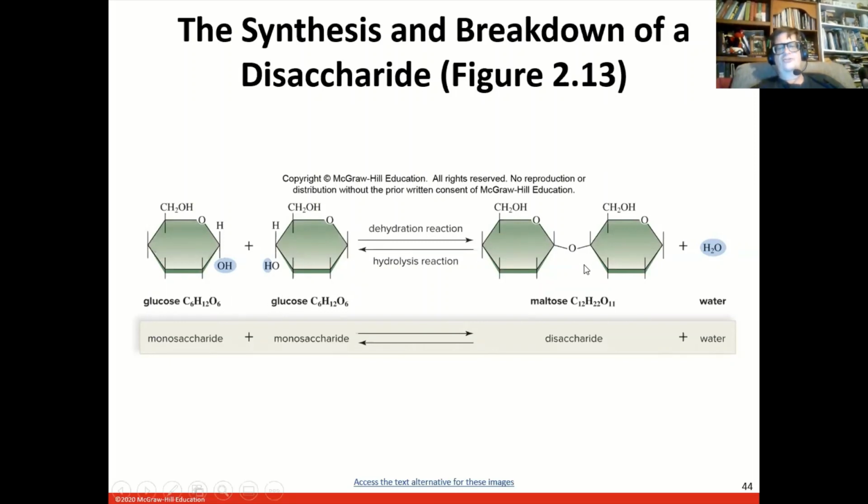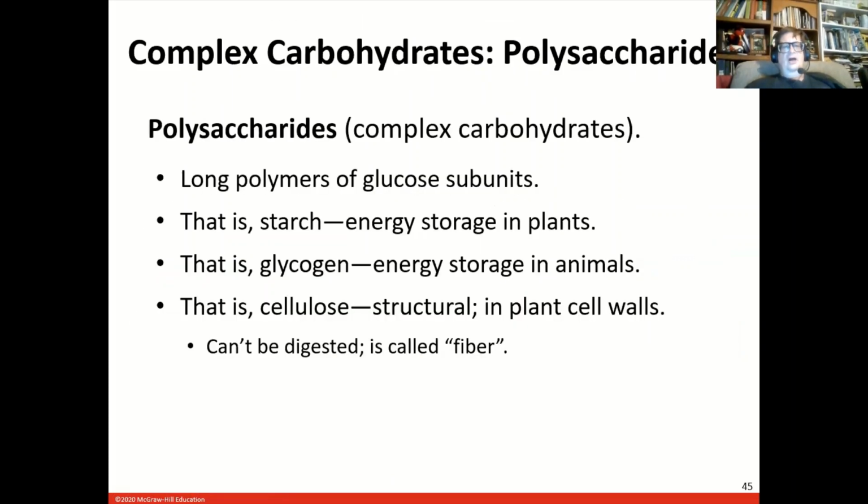You could also take a disaccharide and break it into 2 monosaccharides. That would be done through hydrolysis. I want you to know dehydration reactions and hydrolysis, or I might say dehydration synthesis and hydrolysis, but you need to know those terms.